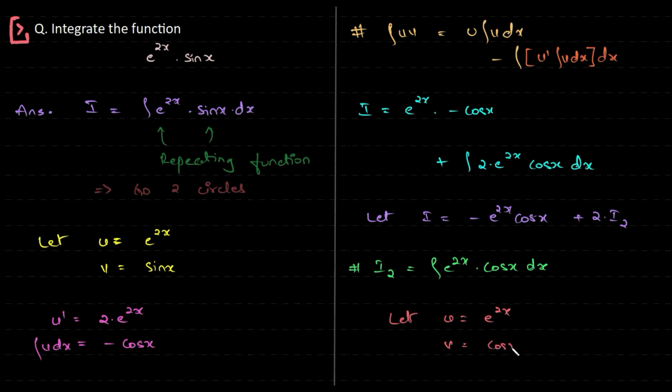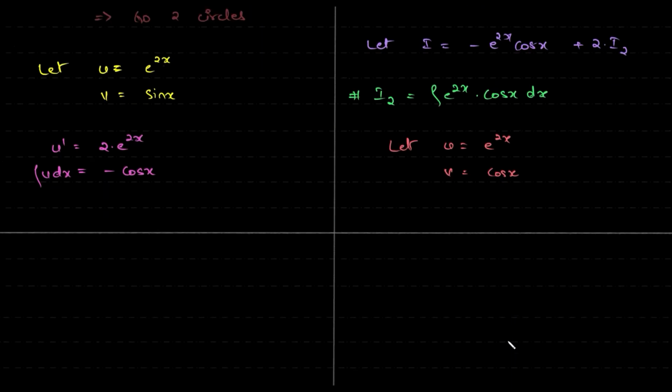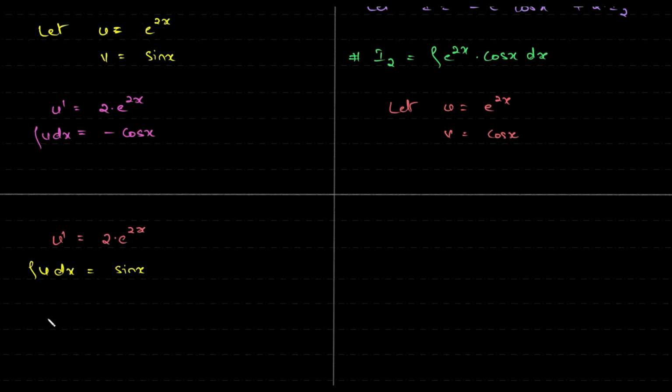It's deja vu. In place of sine of x, we have cos of x. So here u prime will be equal to 2 into e to the power of 2x, and integration of v dx is sine of x. But here there is no negative, right?